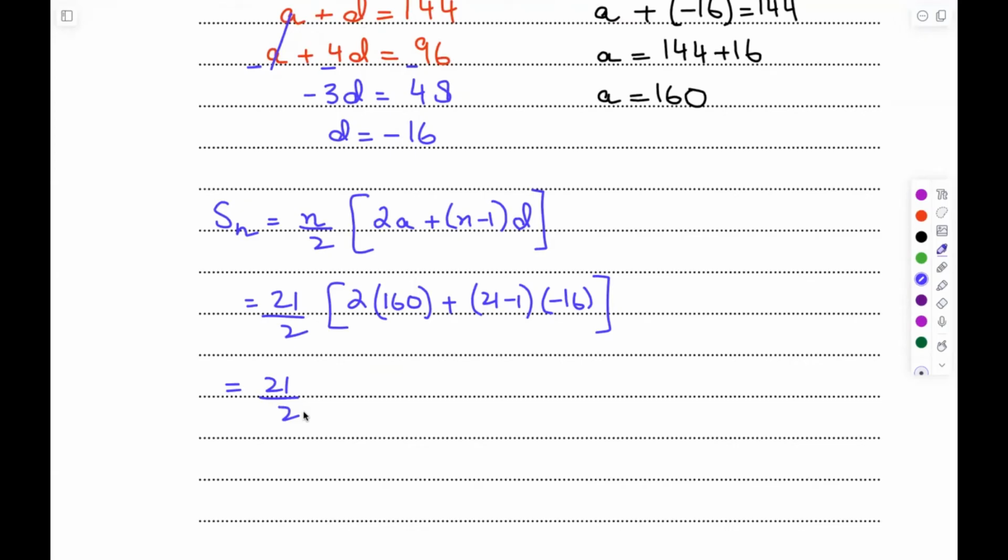So this will be 21 upon 2 into 320 plus 20 times minus 16, which will be equal to minus 320. So this will become 320 minus 320.